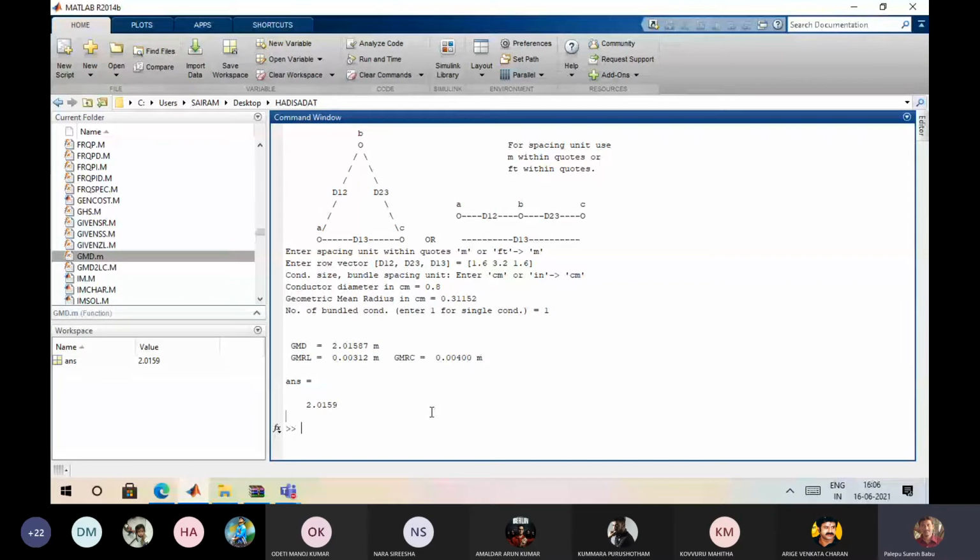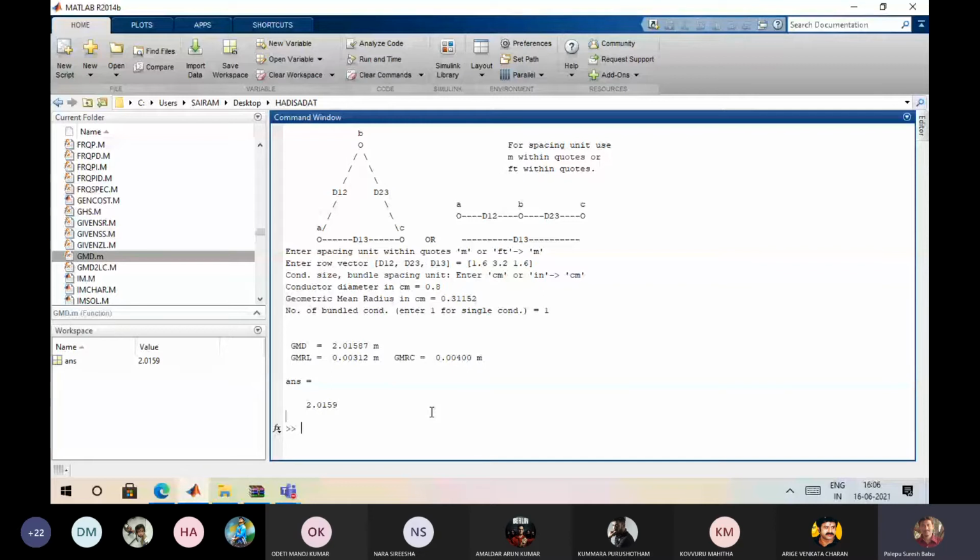Here, very important: what is the difference between GMRL and GMRC? For GMRL, as I just told, for inductance calculation we consider the GMR as R dash, that is 0.7788 R. For capacitance calculation, we consider only R, that is half of the diameter.